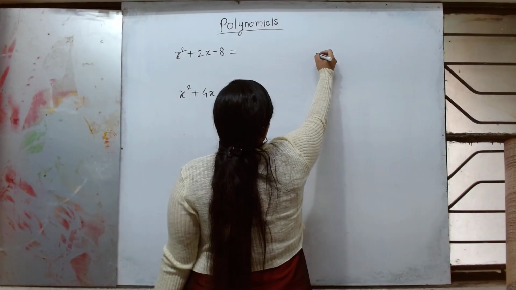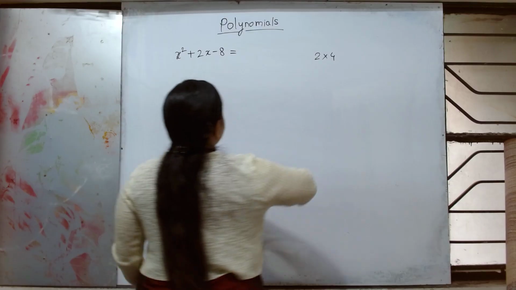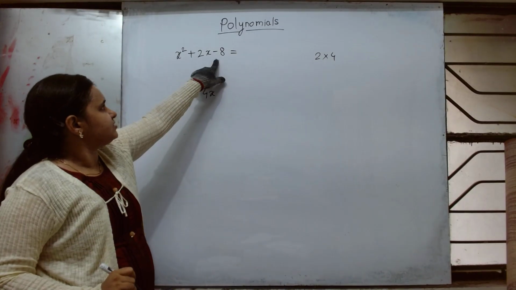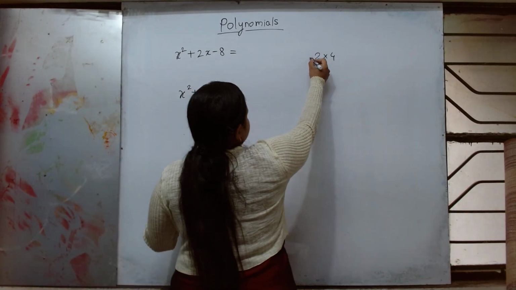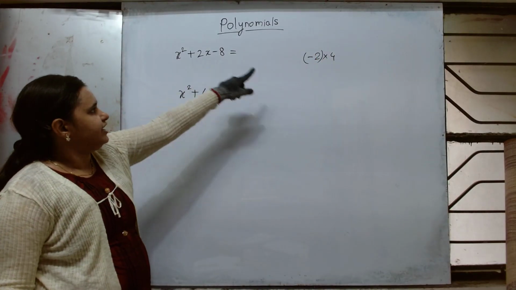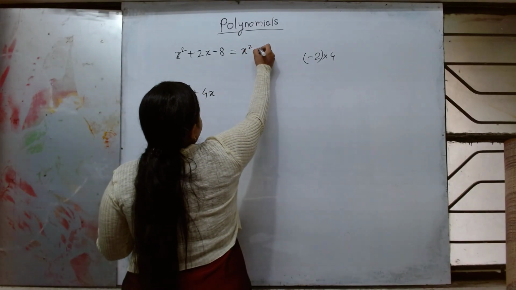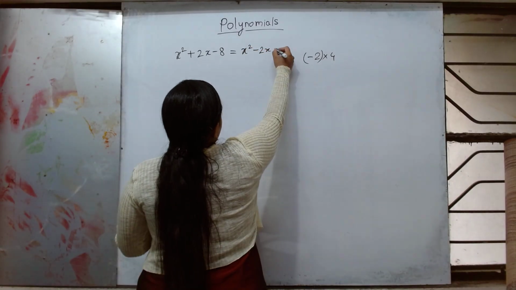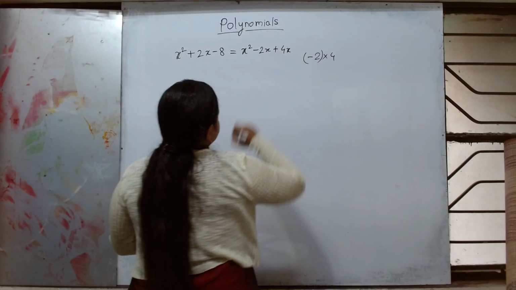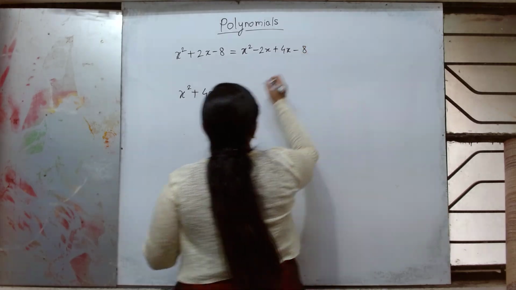So the numbers are 2 into 4. We want minus, so here I take minus. 4 into minus 2 is minus 8 and 4 minus 2 is plus 2. So the two factors give x square minus 2x plus 4x minus 8.